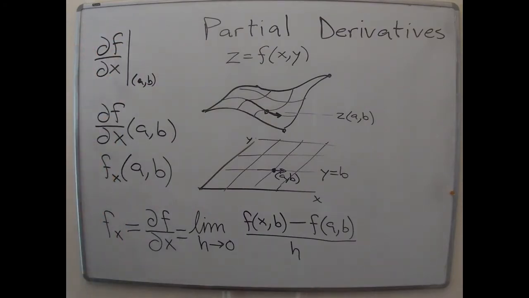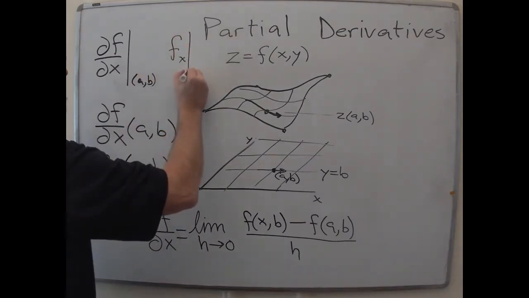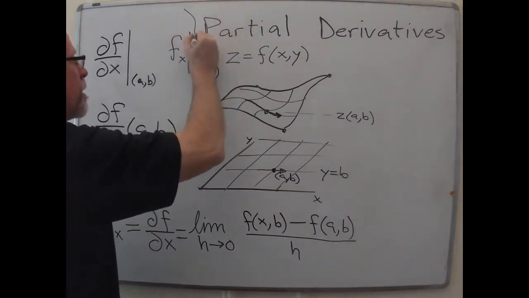That's what that vertical line means. I don't have enough room for this, but you could do a similar thing with f sub x, vertical line, and a, b written small down below. All right, maybe I can fit it right in here. But now it's running into that junk. I'm sorry.